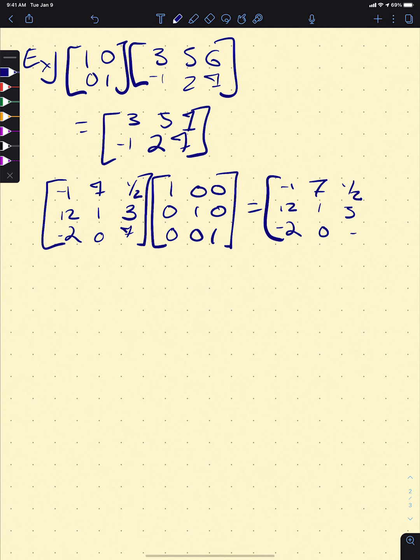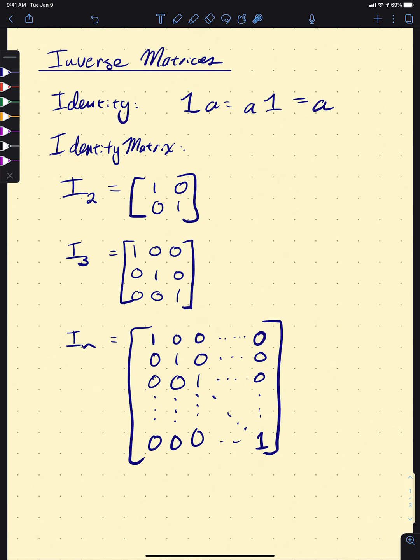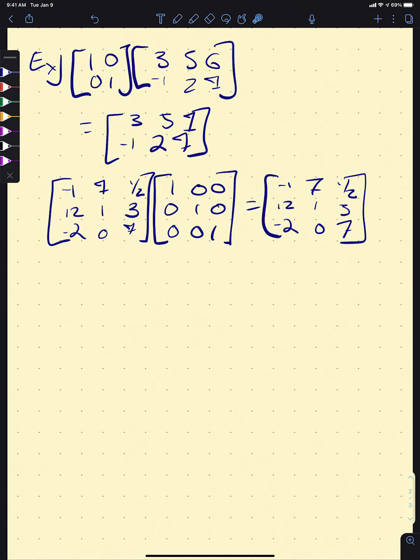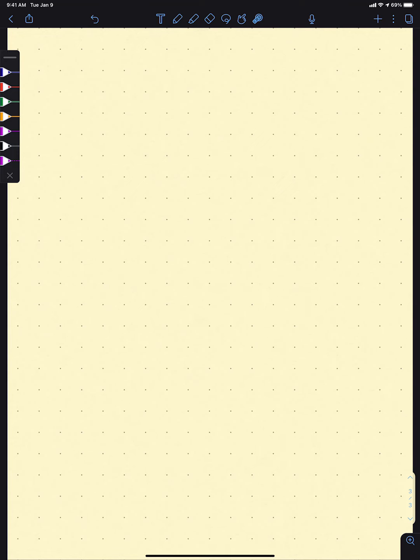It doesn't change the matrix that we multiply it by, just like how when you multiplied a real number by our identity, it didn't change the output, okay? So now that we have an identity, we have a 1, what can we say about this idea of an inverse, okay?